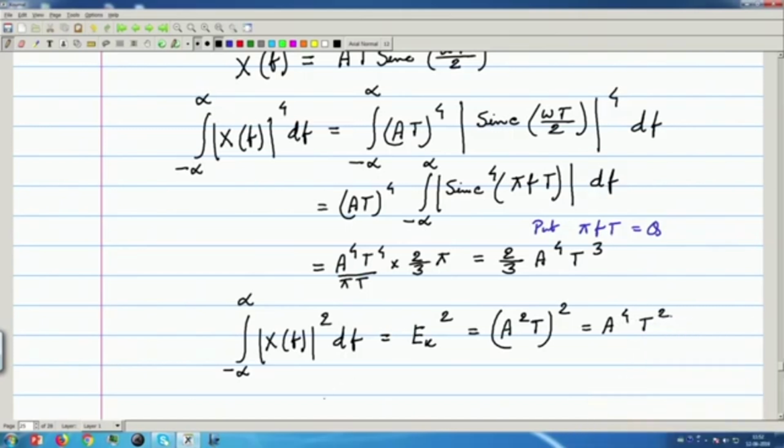So, what is your delay resolution constant? You can see the delay resolution expression. The numerator is this thing. So, numerator will be 2/3 A to the fourth t cube divided by A to the fourth t squared. So, it is 2/3 t.